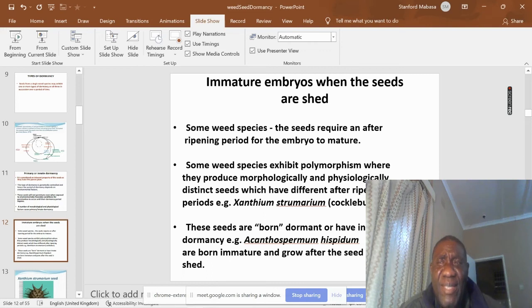The embryo is still growing, even if the seed has been shed. So some weed species have seeds which require an after ripening period for the embryo to mature. So sometimes we talk of this after ripening period, after weed seed shed. That period is necessary to allow the growth of immature embryos. Once they are mature, then the seed may commence to germinate.